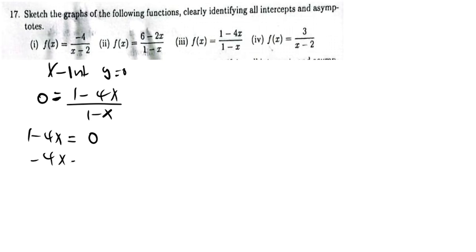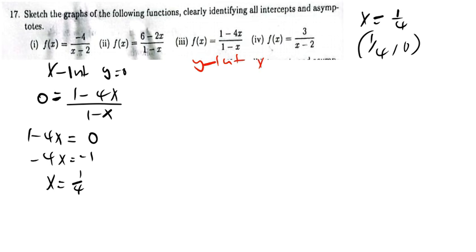Negative 4x is equal to negative 1. X is equal to 1 over 4. So my x-intercept is at 1 over 4. When x is 1 over 4, y is 0. Done. How do we find the y now?